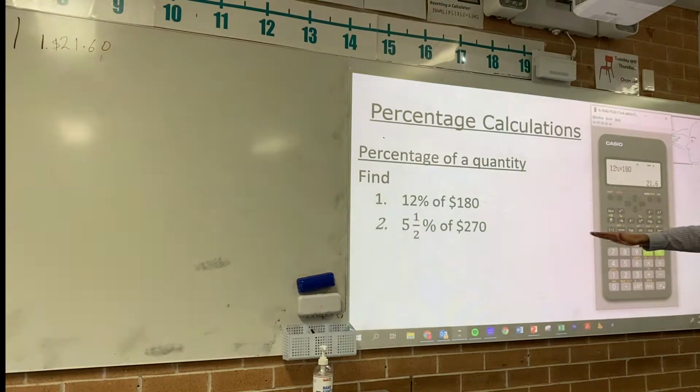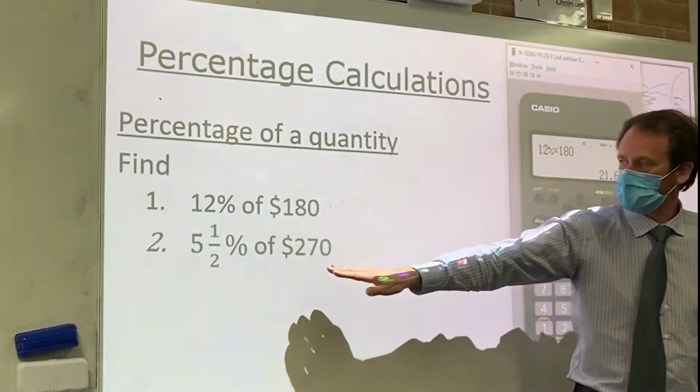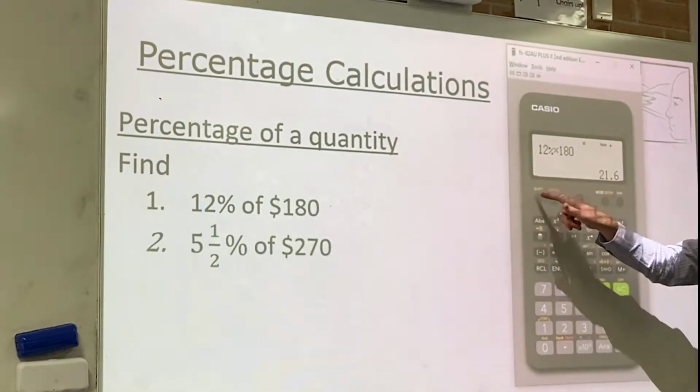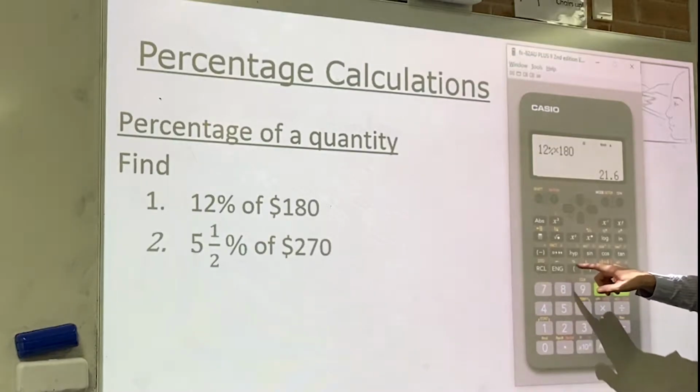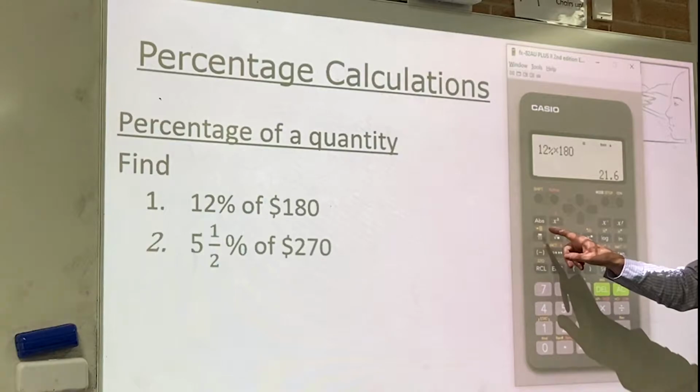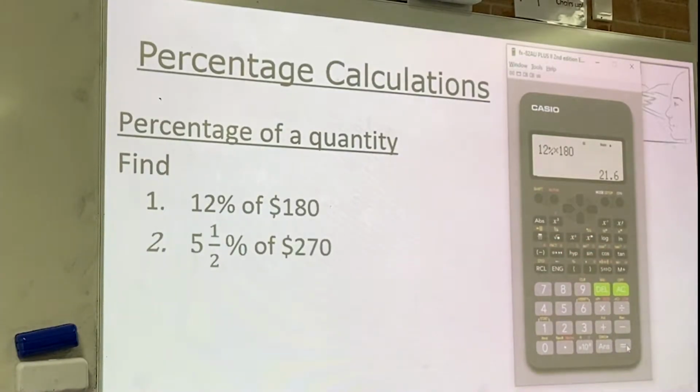What about this second one? 5.5% of 270. Now remember again, yesterday I taught you, you press the shift key and then the fraction button, so you get that mixed numeral out the front, all right? And we get the whole thing. So let's clear this, type it in.